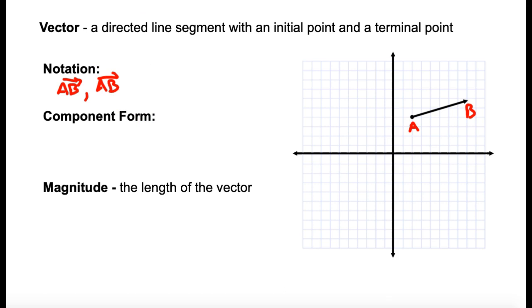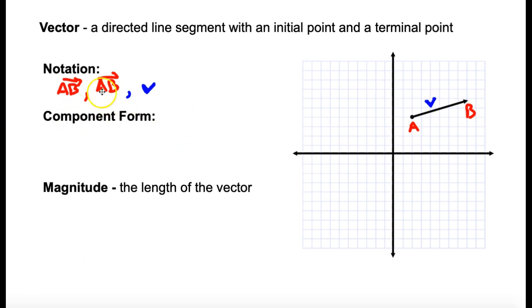Another very common way to denote vectors is just with a single lowercase bold letter. So we could say a bold v would denote this vector.